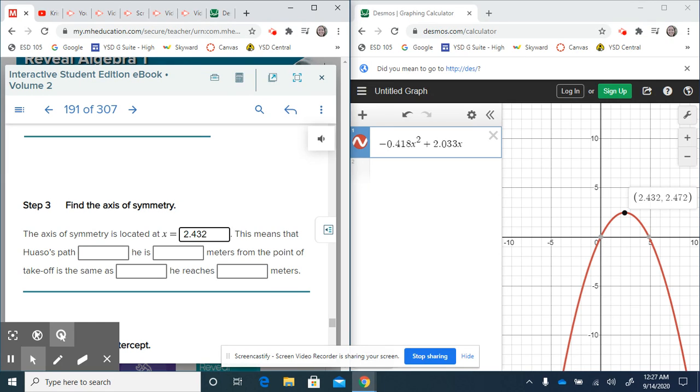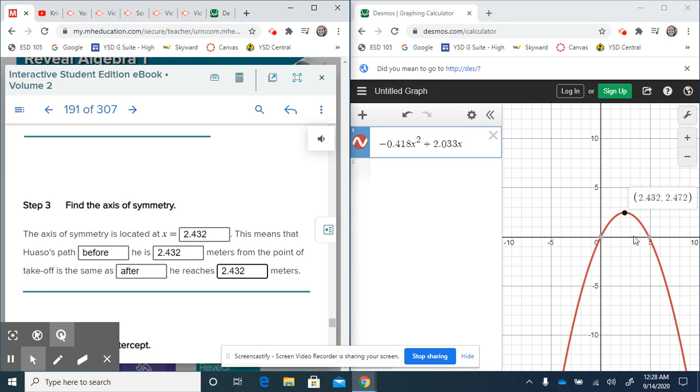So this means that his path before he is 2.432 meters from the point of takeoff is the same as after he reaches 2.432 meters.